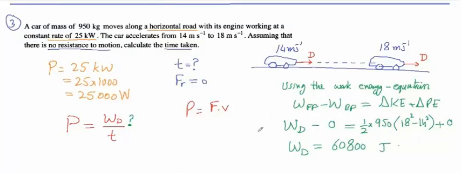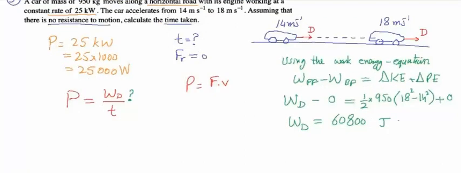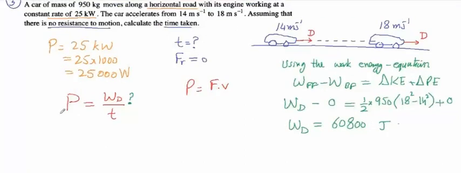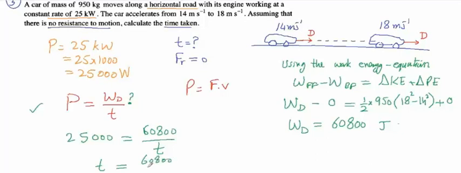Okay, so therefore easily we can find the time by using this formula. So power is 25,000. That is equal to the work done by the driving force, which is 60800 divided by the time taken. So it means time is equal to 60800 divided by 25,000, taking t there and bringing this here.